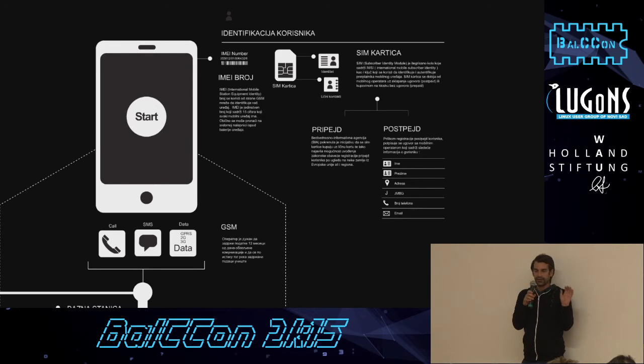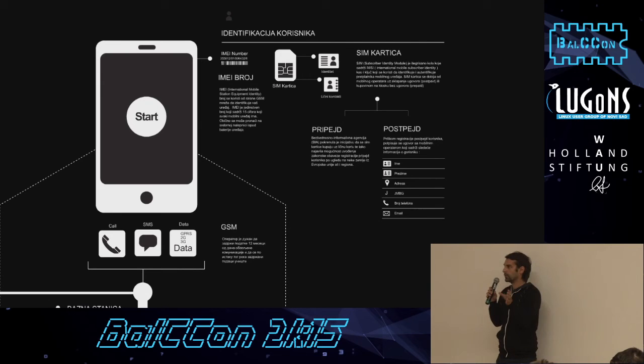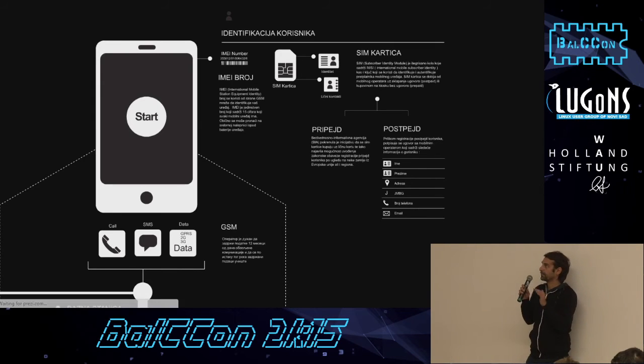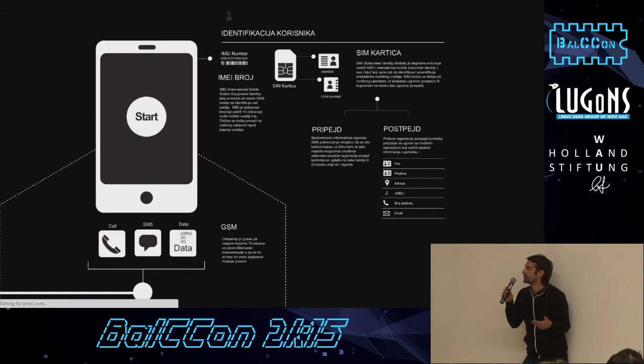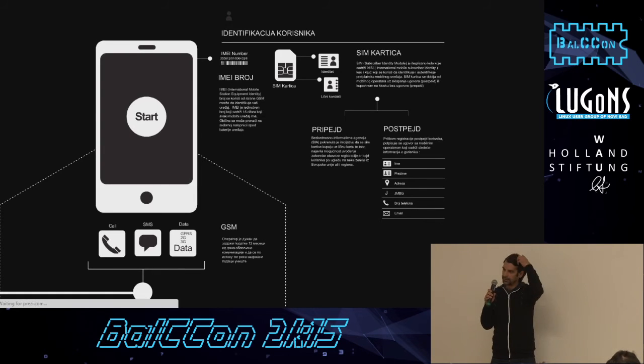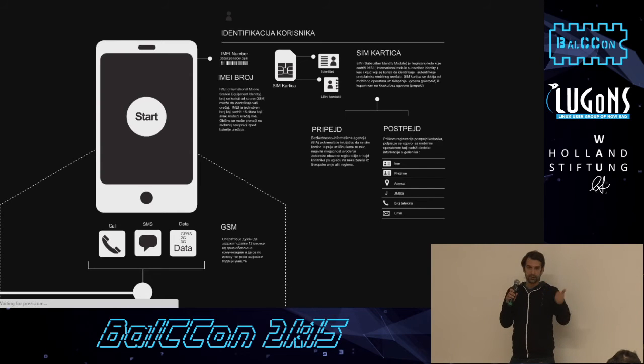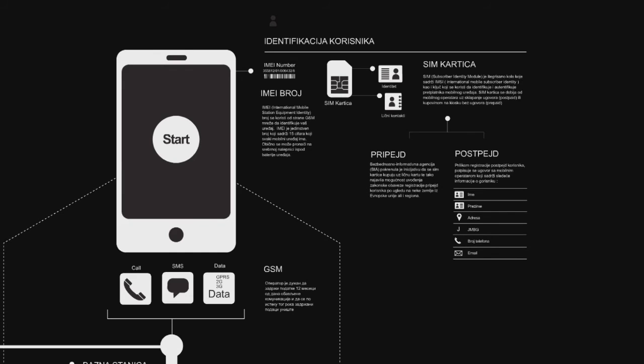The IMEI number is a unique identifier for the mobile phone. Inside the mobile phone you have a SIM card. And most of you signed some contract with MTS or Telenor, so you're giving your name, surname, personal ID number, your street address, the number of another phone, and so on, okay. So they basically have information about who you are.